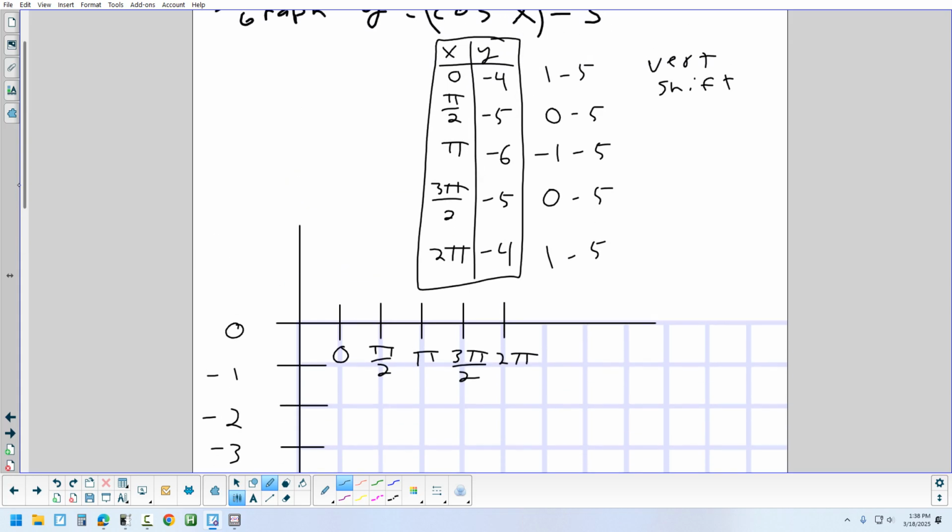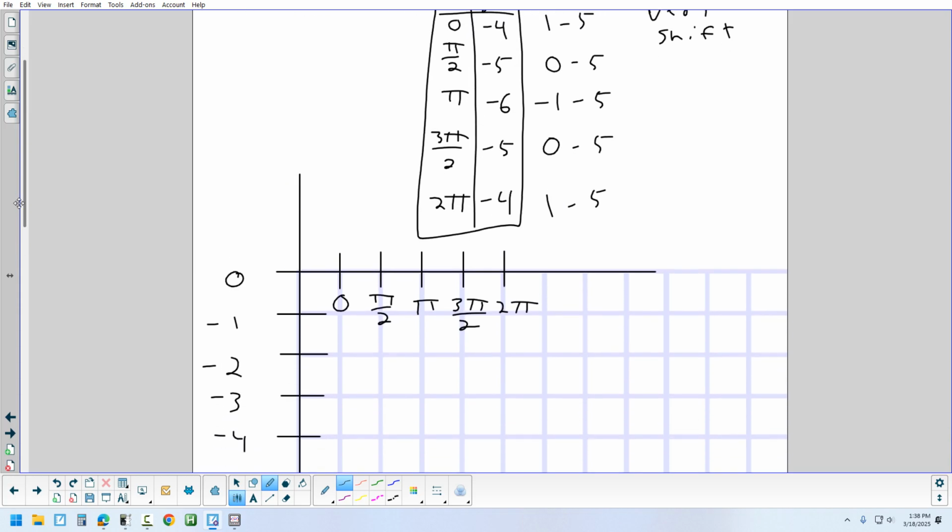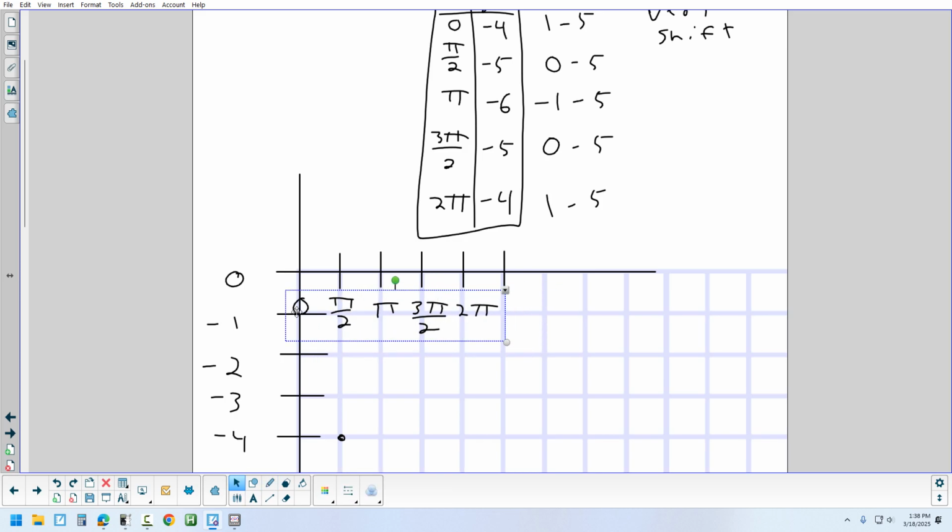Okay, what's my first coordinate? 0, -4. Whoops, I put all those off by 1, sorry. I wasn't looking. It should be right there. The axis is always 0. Okay. So 0, -4. What's my next one? Pi over 2, -5.